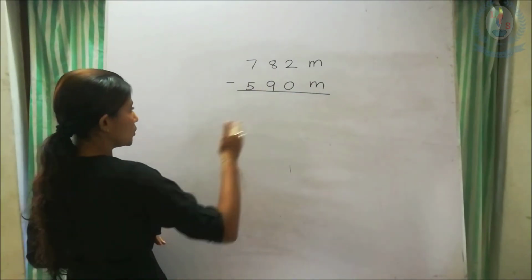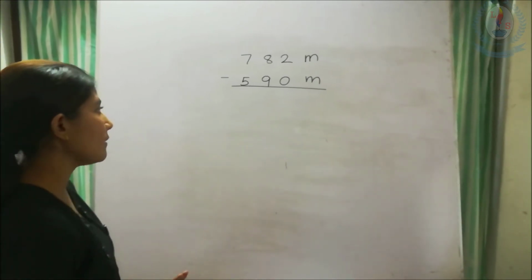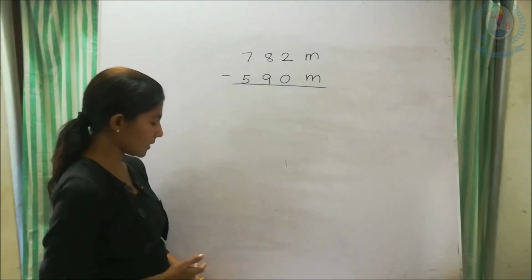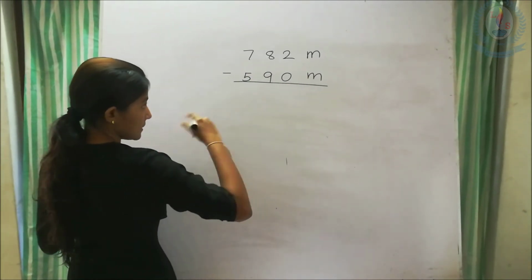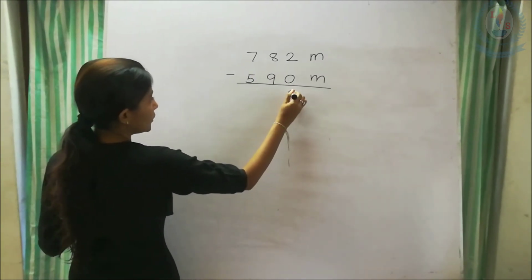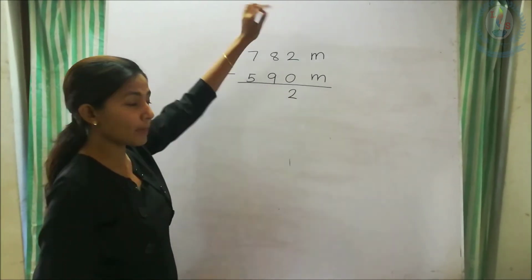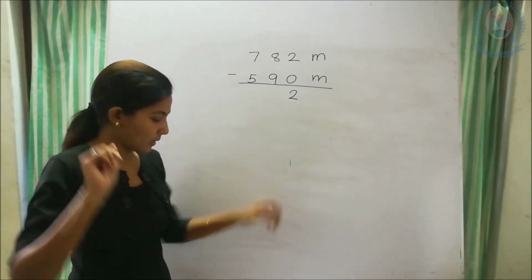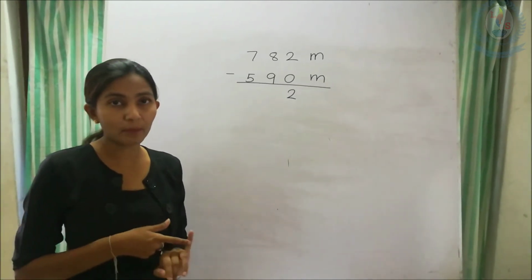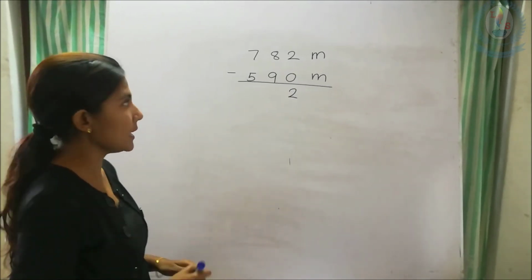Now we are going to subtract 590 meters from 782 meters. As we have learned, we start from the behind side. 2 minus 0 is 2. Then you have here 8. From 8, see whether you can cut 9. No, you don't have 9 here. You have learned this in primary 2 and primary 3 addition subtraction lesson.